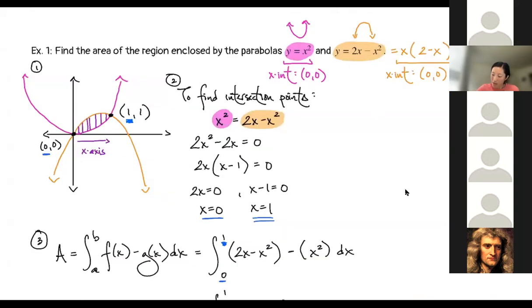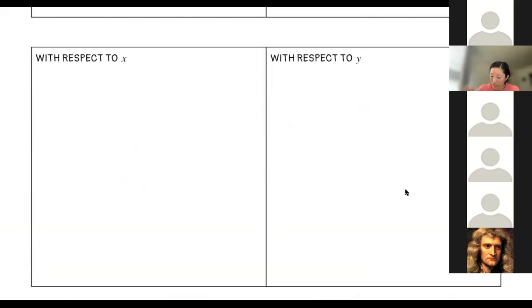Okay, so before break, we took a look at a few different examples. And we're going to sort of summarize those in our with respect to x box here. Okay. And so what I think would be helpful is noting a few things.